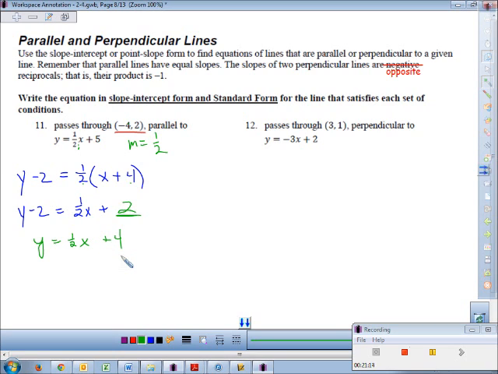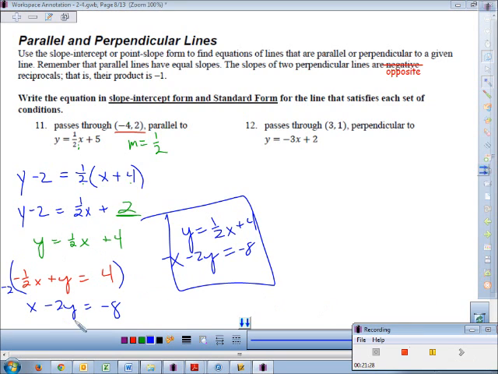There it is in slope-intercept form. We must also put it in standard form. So I got her in standard form by subtracting that over, multiply through by -2, and then I put both answers in the box.